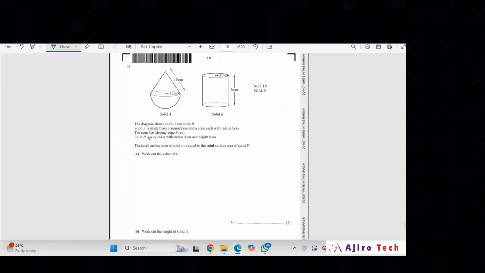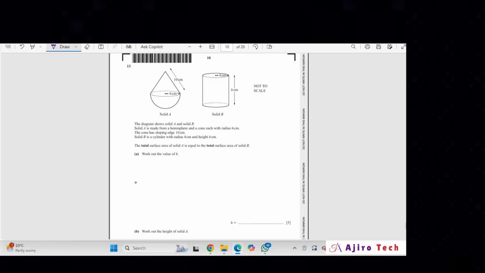Now, solid B is a cylinder with radius 4 cm and a height h in centimeters. So the first question is this: we need to work out the value of h.